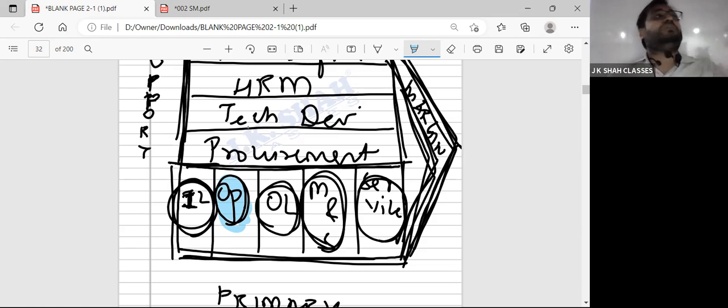Logistics, give it to some other organization. They will take care of logistics. If you feel marketing is not your main point, give it to someone else. Outsource that. If you feel after sales service is not your advantageous activity, give it out on contractual basis.